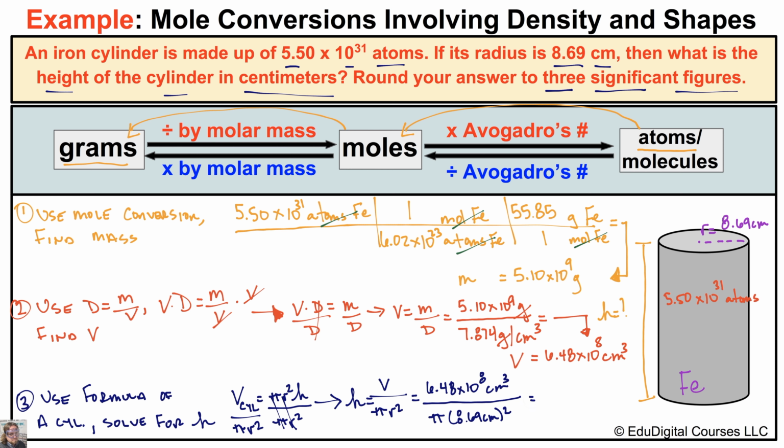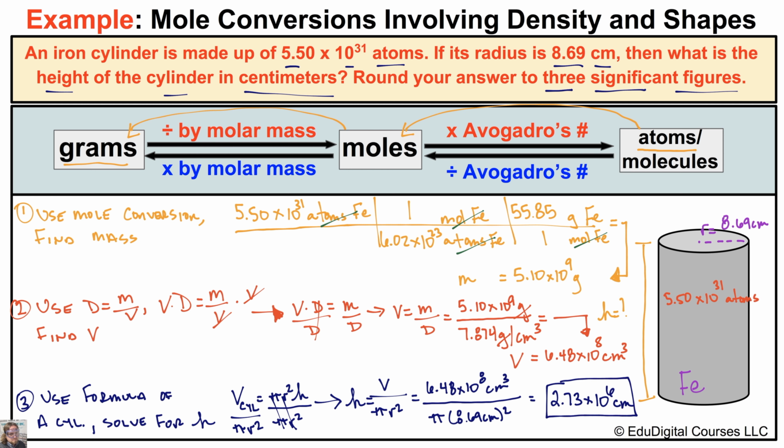And so when I put this in my calculator, I take 6.48 times 10 to the 8th, divide by pi, and then divide by 8.69 to the second power, we are going to end up with 2.73 times 10 to the 6th. Centimeters will be the unit that's left over. And this is going to be our final answer.